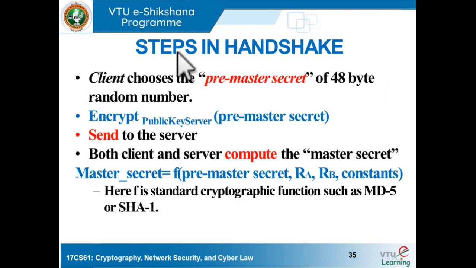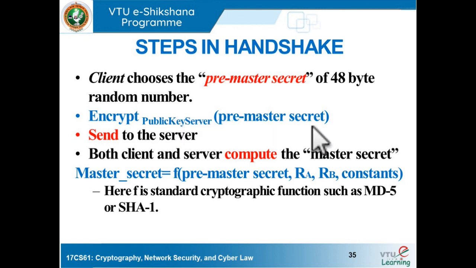Now over here in this particular step, the client chooses a pre-master secret, and this pre-master secret is a 48-byte random number. Now this secret is then encrypted using the server's public key.